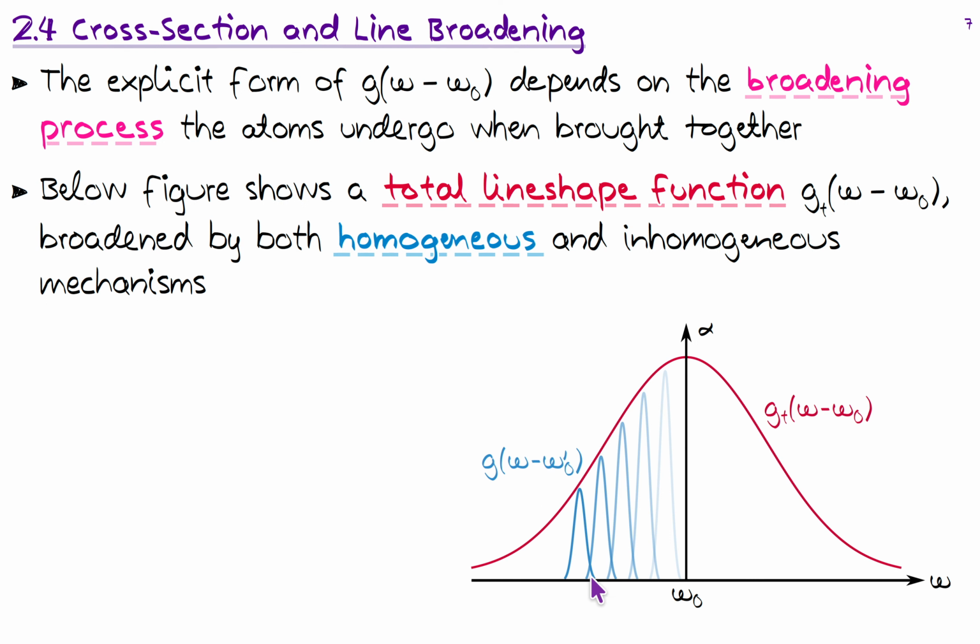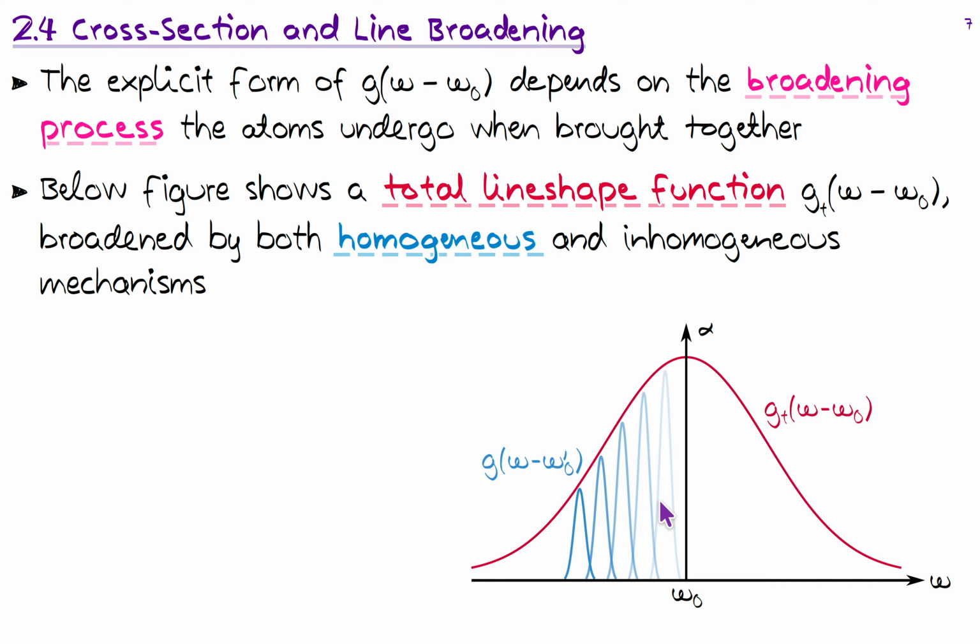For a gaseous medium, homogeneous broadening might be associated with a single emitter, and then we have Doppler broadening, since atoms inside the gas can travel in different directions.